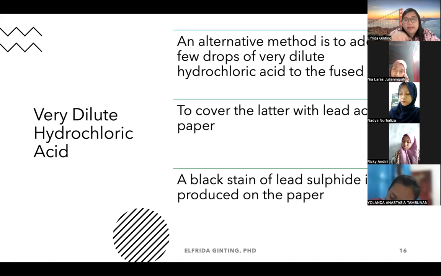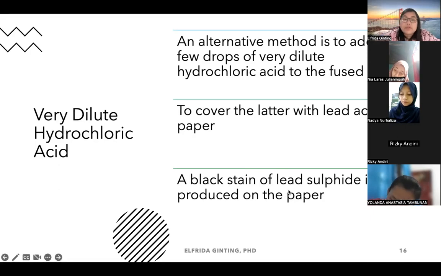As time goes by, the lead acetate paper will have a black stain, and the black stain we call lead sulfide. So you mix very dilute hydrochloric acid with the fusion mass, then you cover with lead acetate paper, and it will have lead sulfide on the paper.